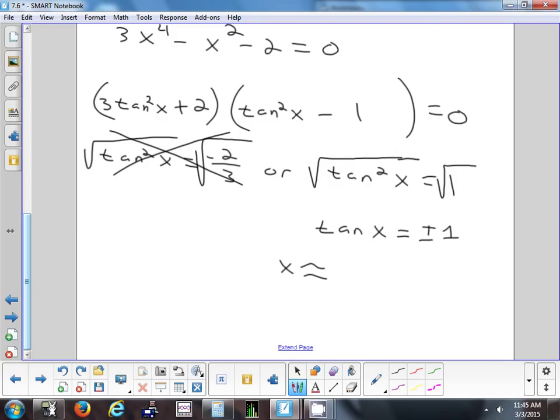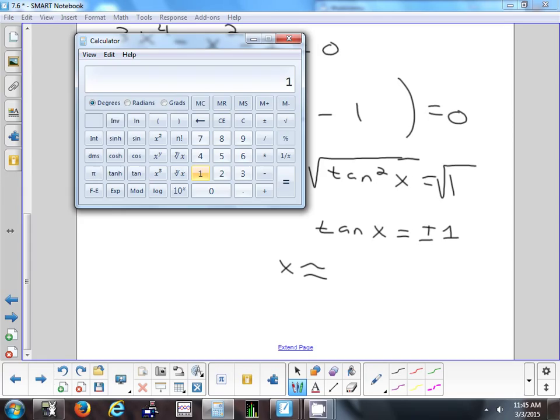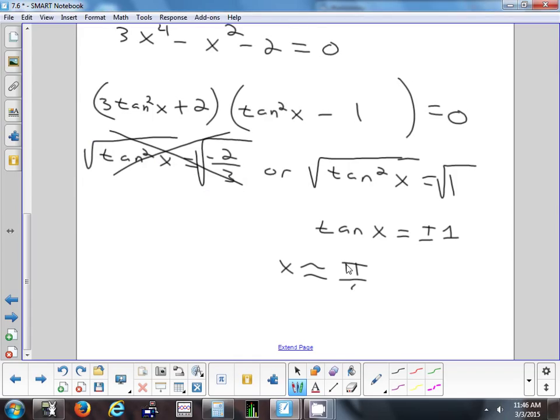So I'll do them one at a time. Take the inverse tangent of +1, and I get pi/4, that's 45 degrees. Usually I say, look for the other quadrant where tangent would be positive, which would be quadrant 3.